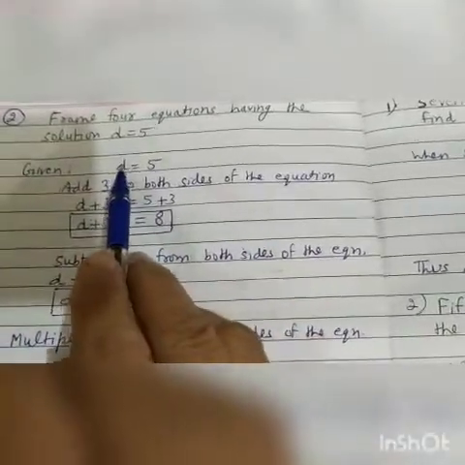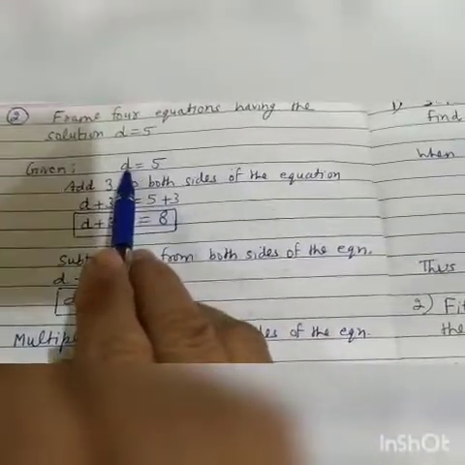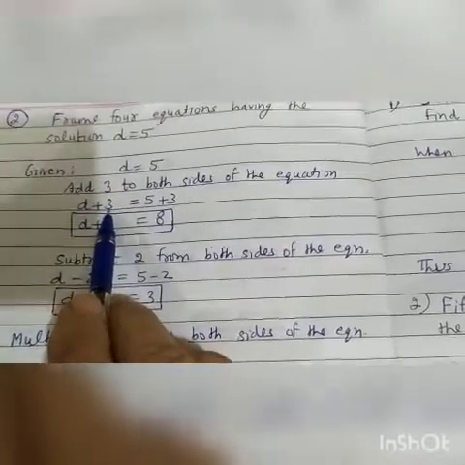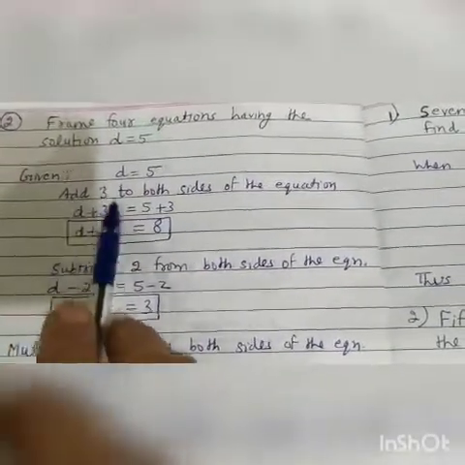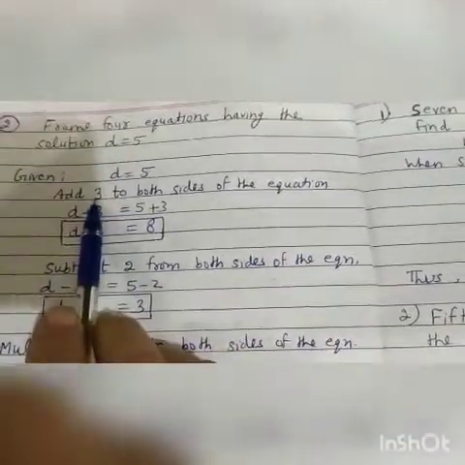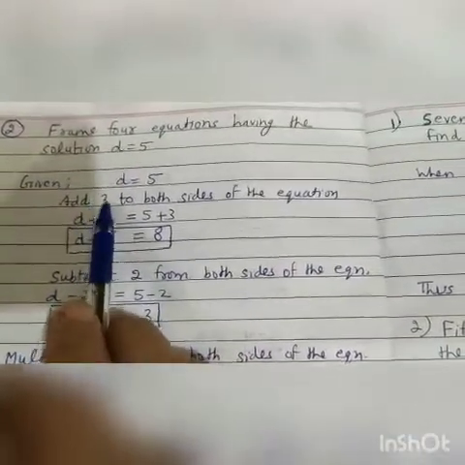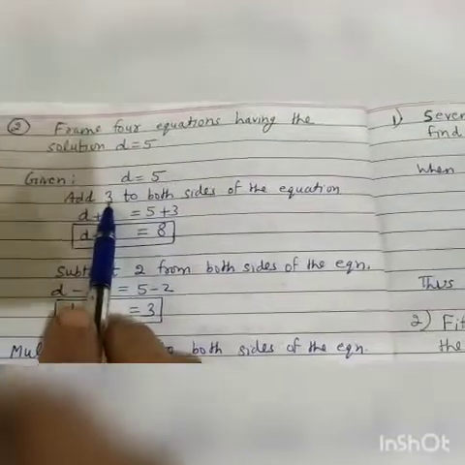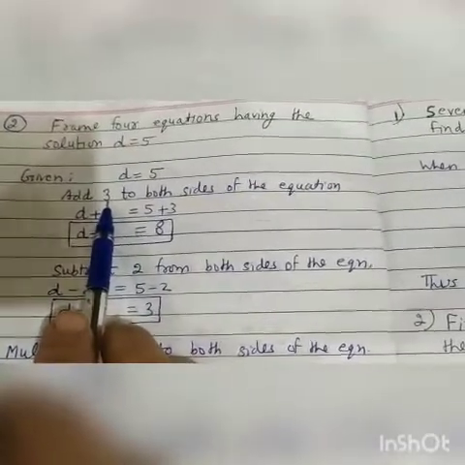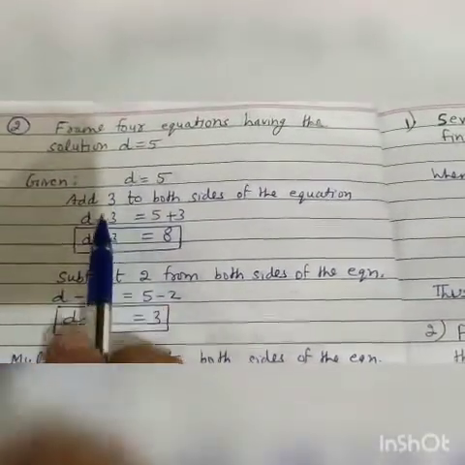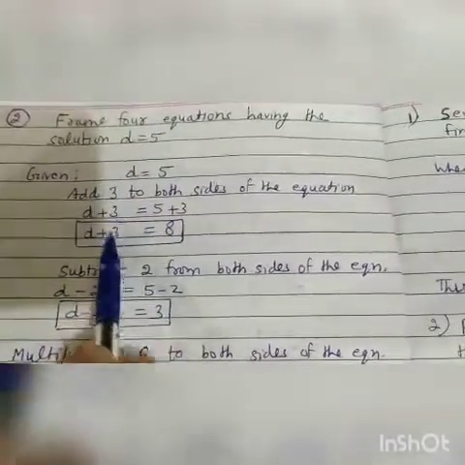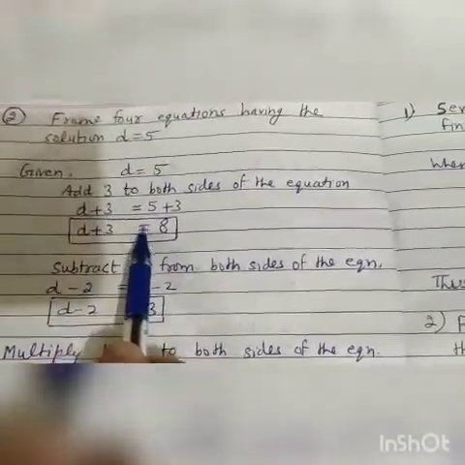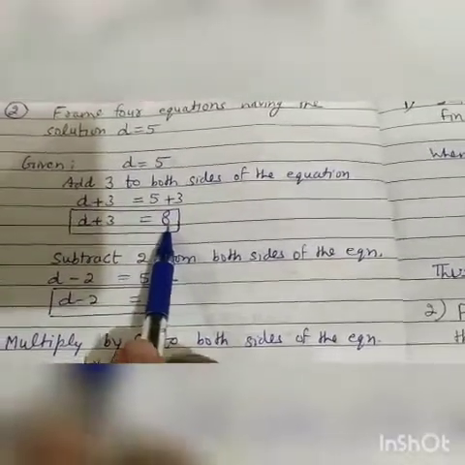If we add 3 to both sides of the equation, we will write d + 3 = 5 + 3. Students, we can add any number. Here I am adding 3. You can add 5, you can add 2, you can add -2. Any number you can add or subtract or multiply. So d + 3 = 5 + 3. Then d + 3 will be written as it is, equal to 5 + 3 is equal to 8.